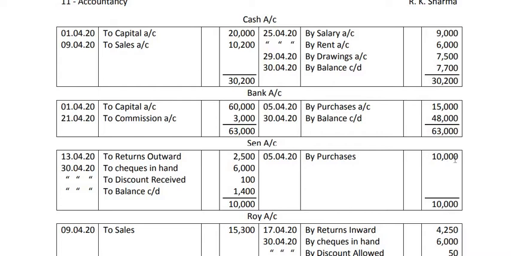This side total is 10,000, but this side is only 8,600. This plus this is 8,600. So balance will be here. This is called to balance c/d 1,400. This is the credit balance. If somebody asks you what is the balance of Sen account, you can say Sen account has a credit balance of rupees 1,400.